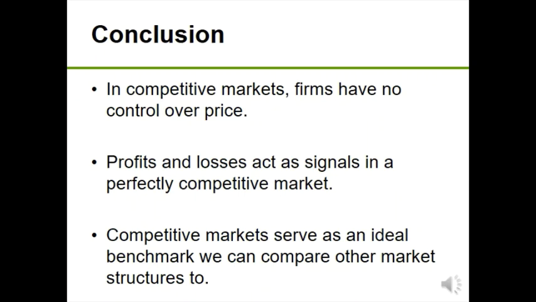Profits lead to entry, losses lead to exit, and if the market is competitive, we're going to see a maximization of social welfare. Competitive markets serve as this ideal benchmark to which we can compare other market structures. And in the next chapter, we're going to see what one other market structure looks like in particular.